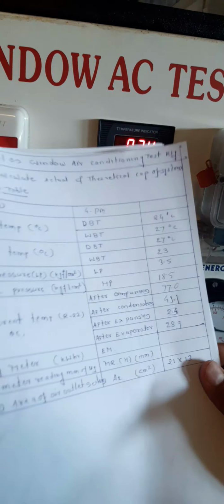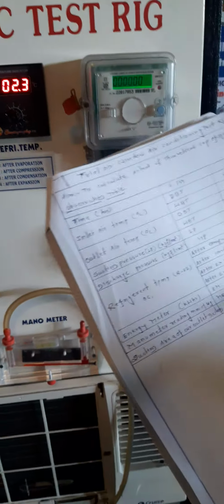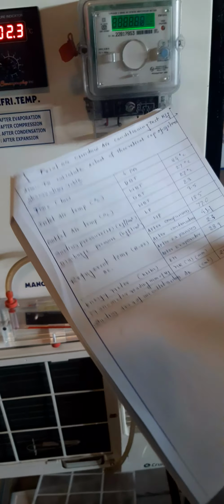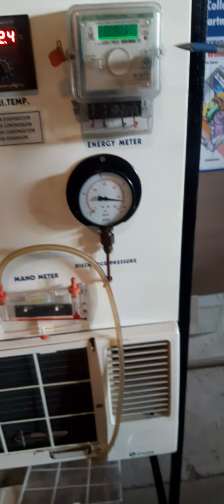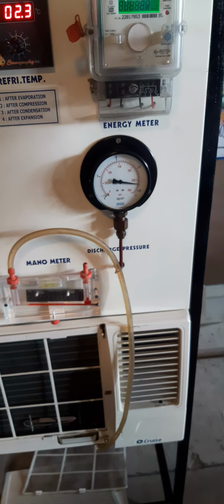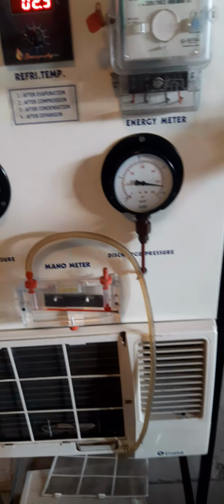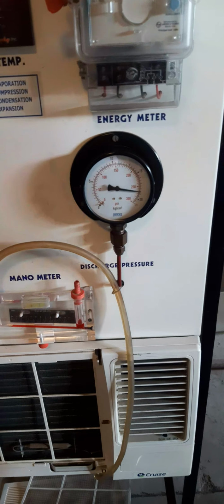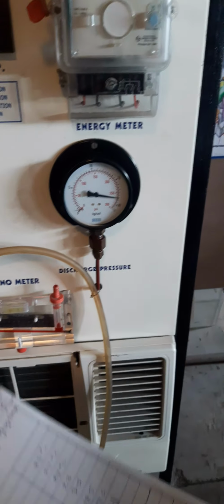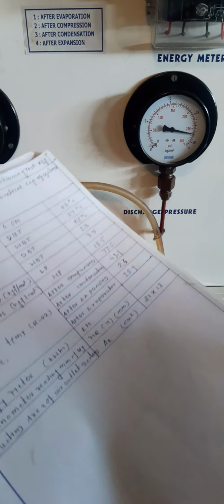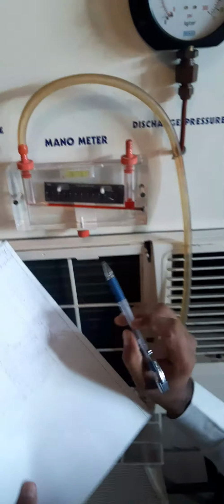So energy meter reading for 10 impulse, time duration required for the 10 impulse. Okay, so till that time we will take the manometer reading. So you can see here manometer reading.